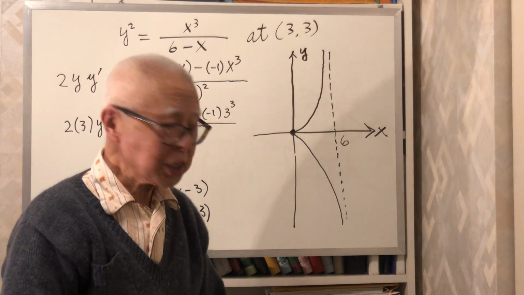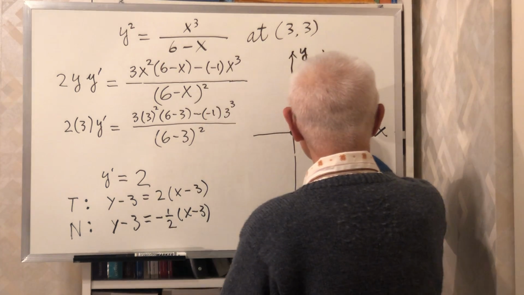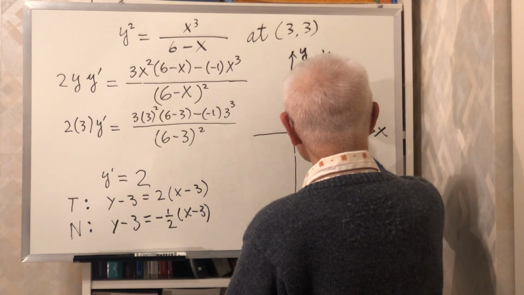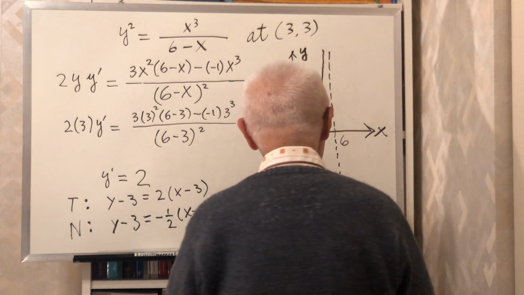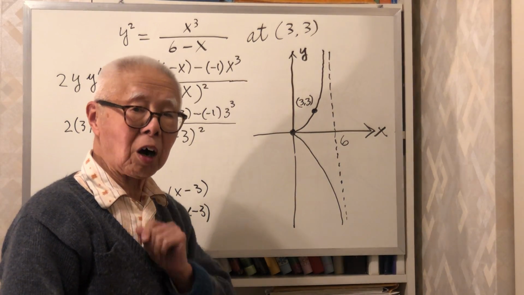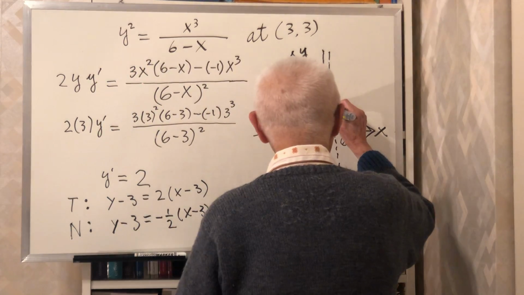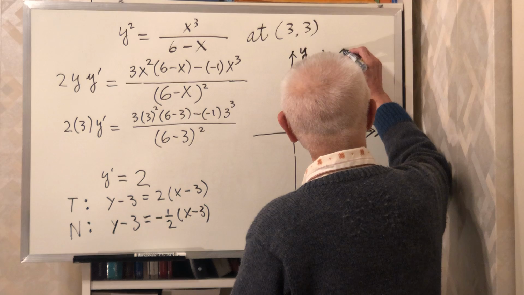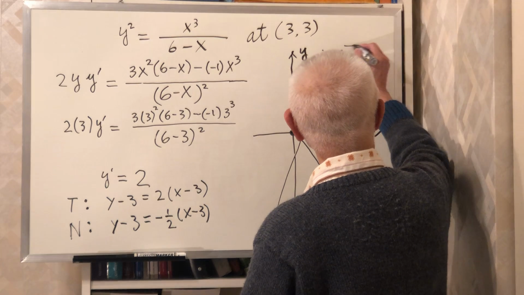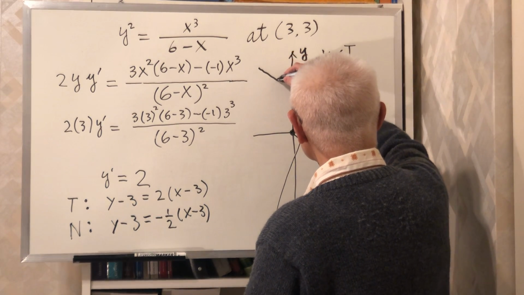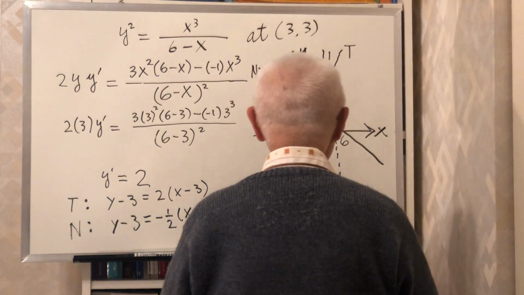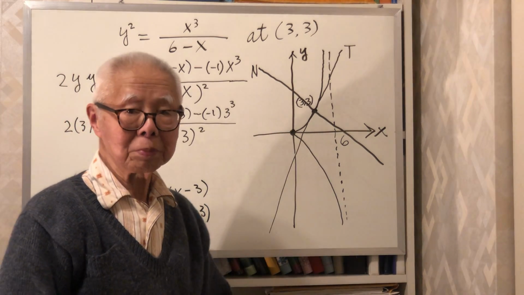The point 3, 3 is here. So you draw a tangent and draw a normal. So this is the situation.